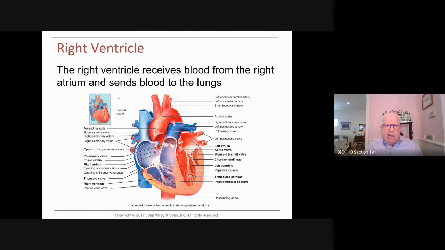So the blood coming into the right atrium and the blood going into the right ventricle is deoxygenated blood. That's why it's blue. It has little oxygen in it. Okay?